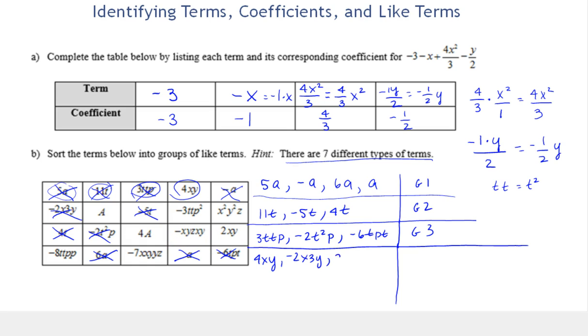That is 1 factor of x and 1 factor of y. And I think we're done with those. So that's group 4. Next we have capital A. This is group 5. And I'm pretty sure I only remember seeing one more. 4 times capital A. And we'd call that 4A.